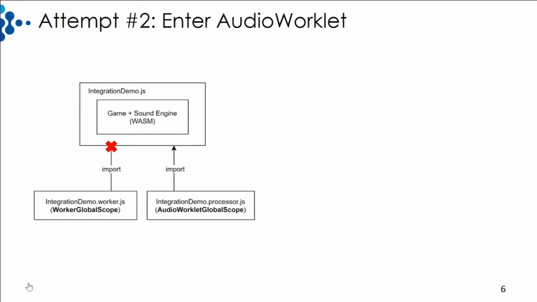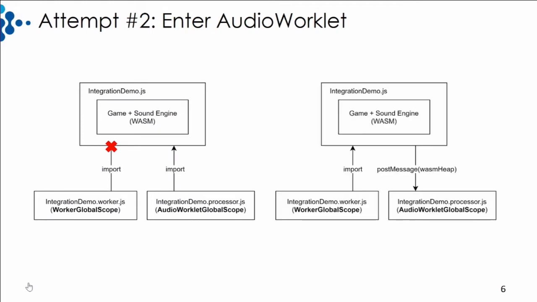So that's no good. So what we ended up doing was something much simpler. We probably should have started with that, but that's the nature of researching and experimenting. Our processor program, instead of importing anything, gets initialized with a post message that contains a reference to the WASM heap directly, along with a bunch of raw pointers pointing directly to the audio buffers that it needs, with their size and everything.